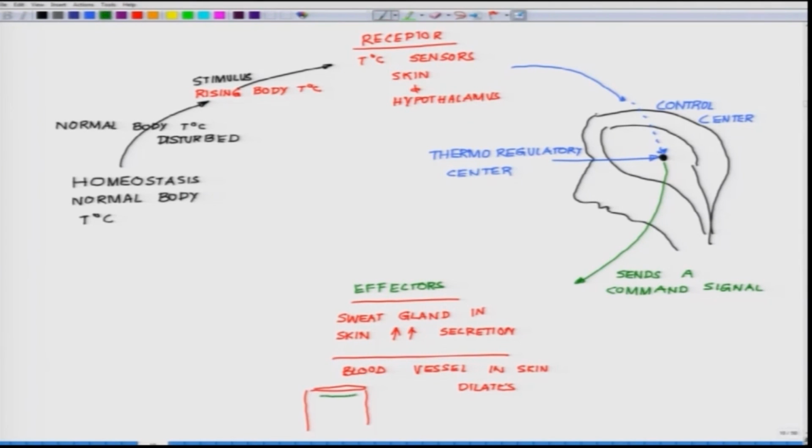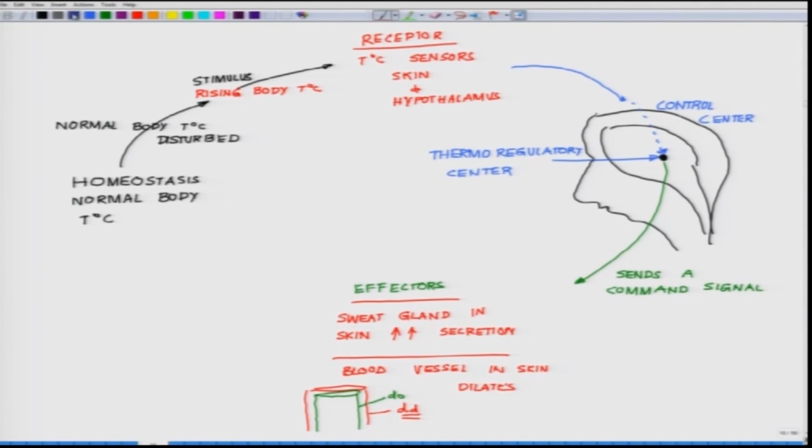Dilation means there is an increase in the diameter of the blood vessels. Suppose this green is the original diameter, DO, and this red is the dilated diameter, DD.